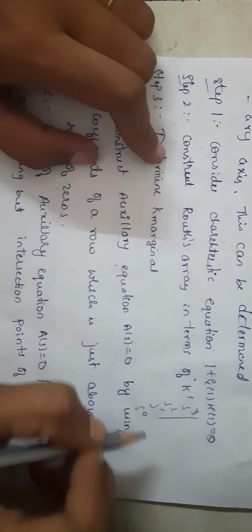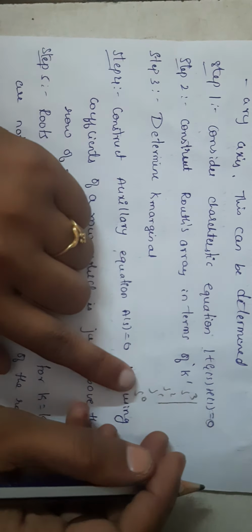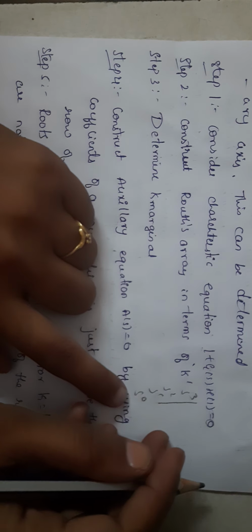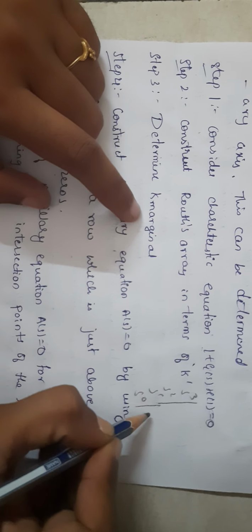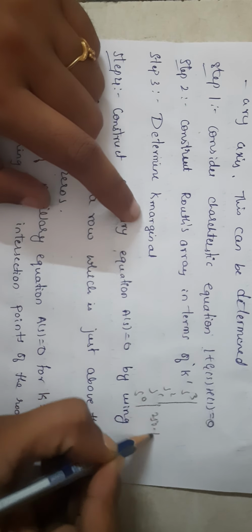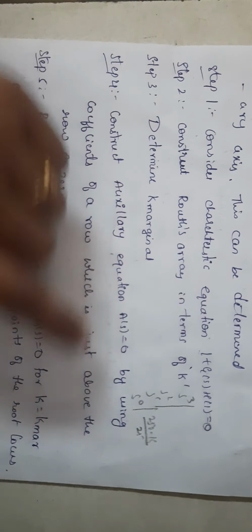We have to construct the Routh array formulation. From that we will get some values of k, like 250 minus k and something 25.